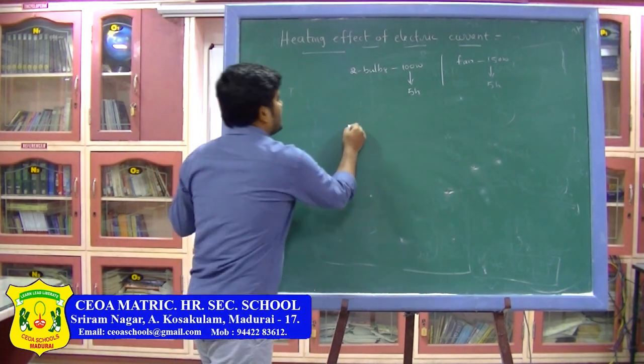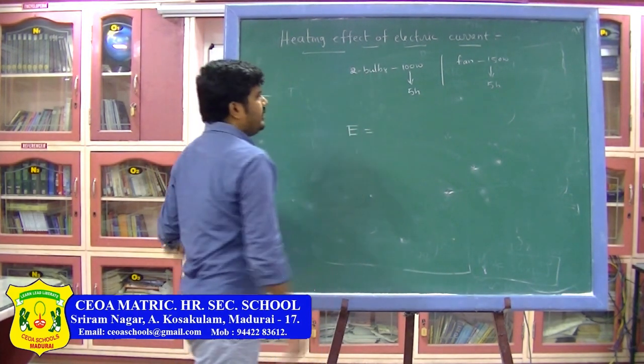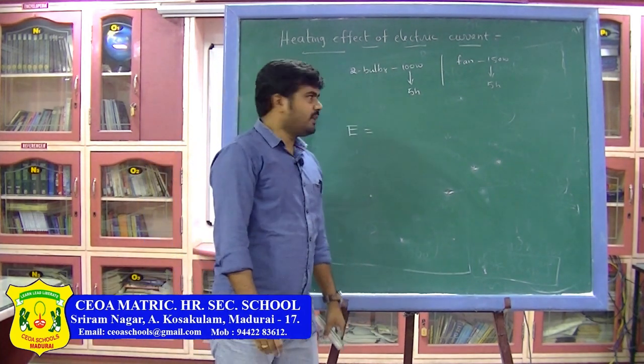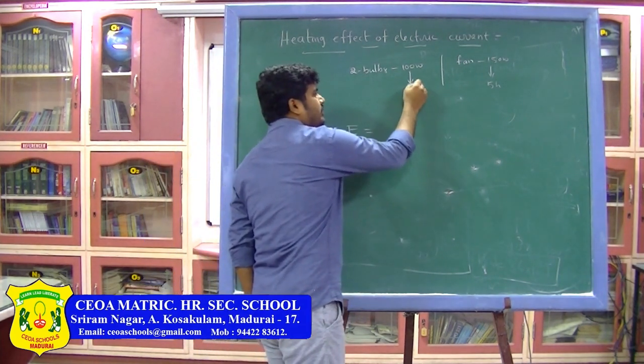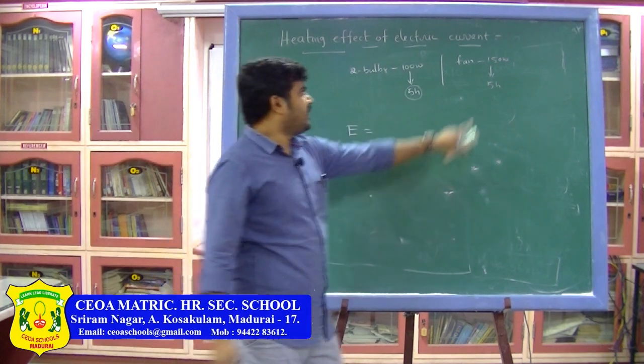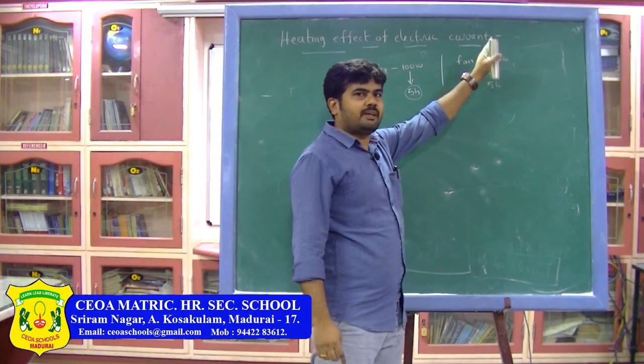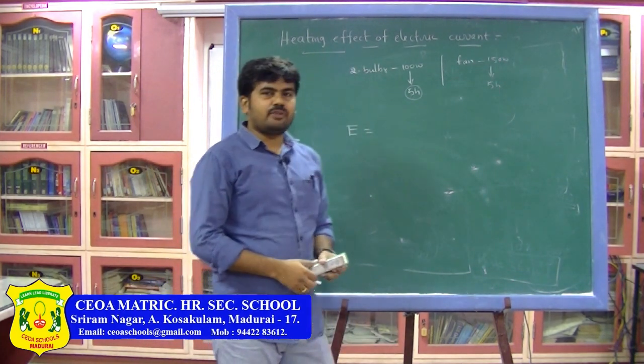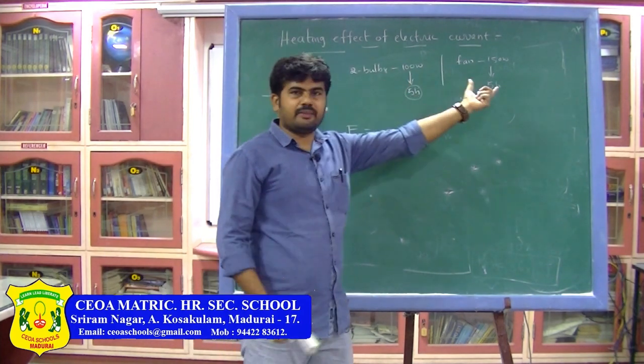So first let me calculate the total energy for 1 day. The bulbs are used 5 hours in 1 day and the fan is used 5 hours in 1 day. Now let us calculate the total number of units consumed by these electrical appliances in 1 day.